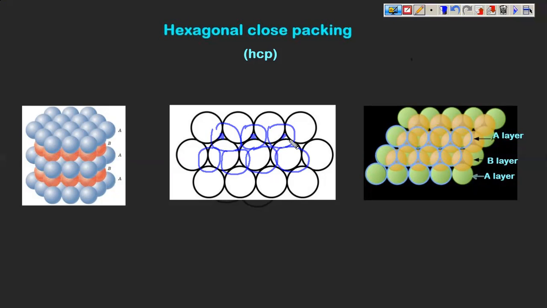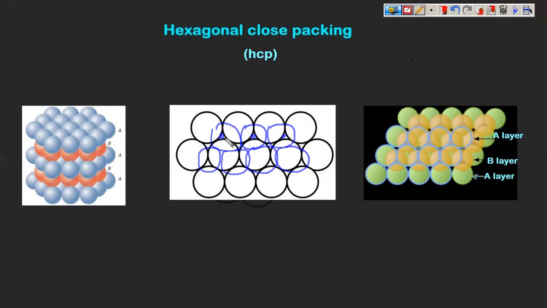After placing the second layer, we find that two different types of voids are generated here. These are tetrahedral voids and octahedral voids.